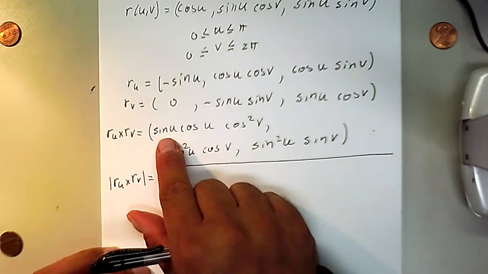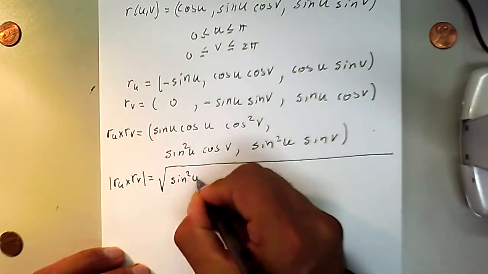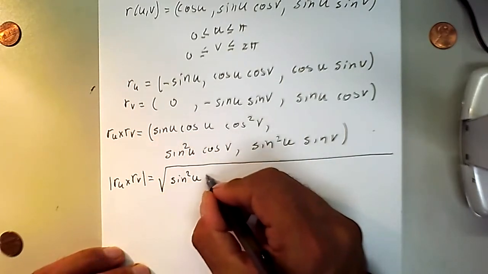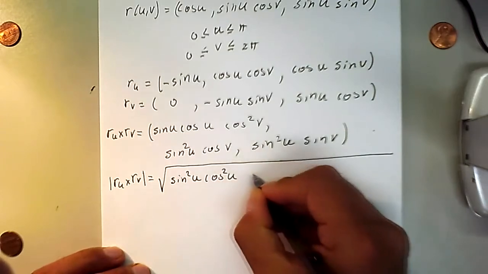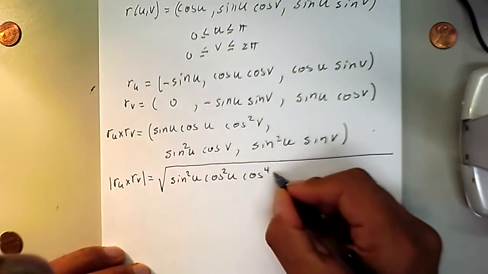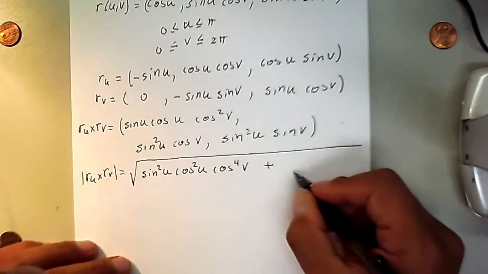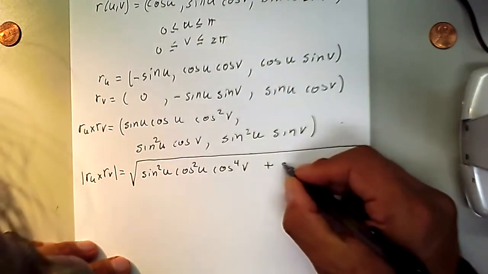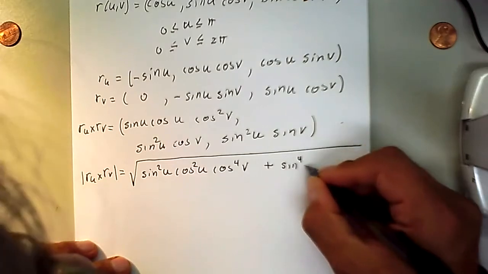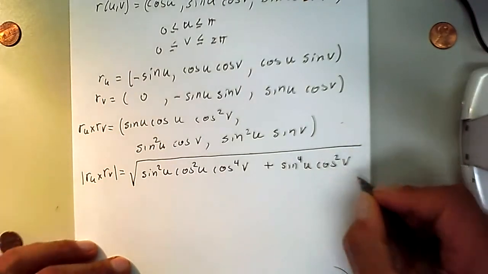So we're going to have sine squared u cosine squared u cosine to the 4 of v plus sine to the 4 of u cosine squared v.